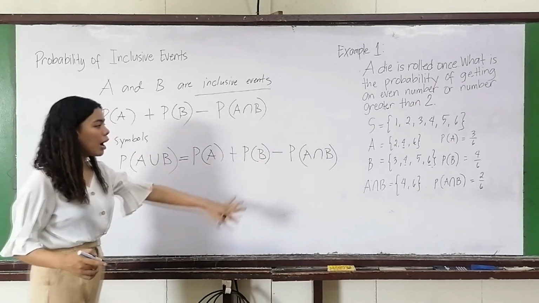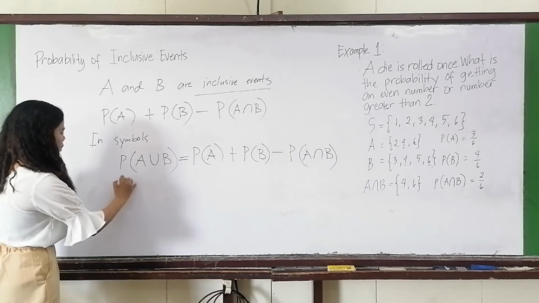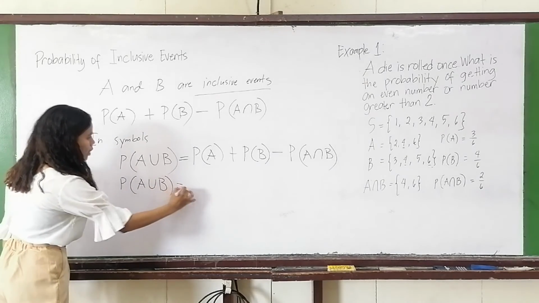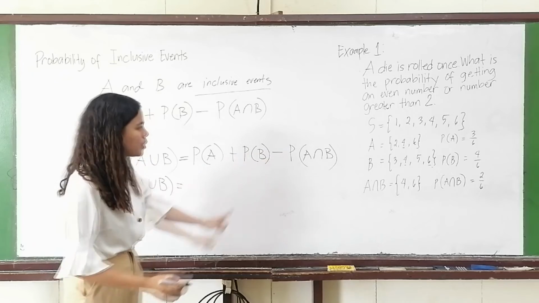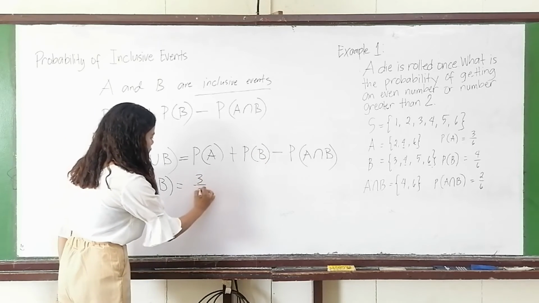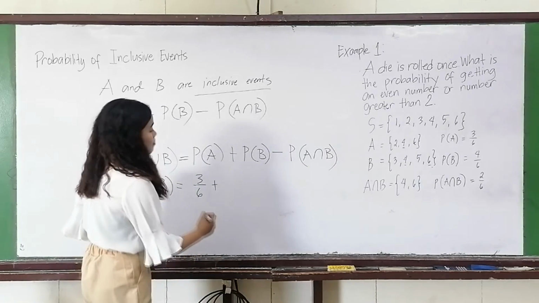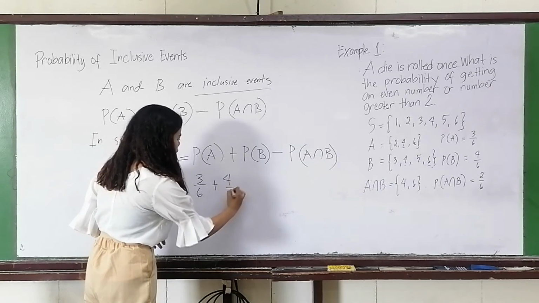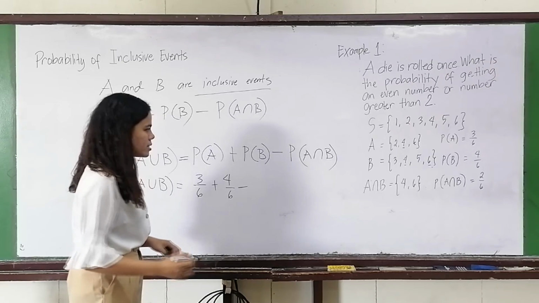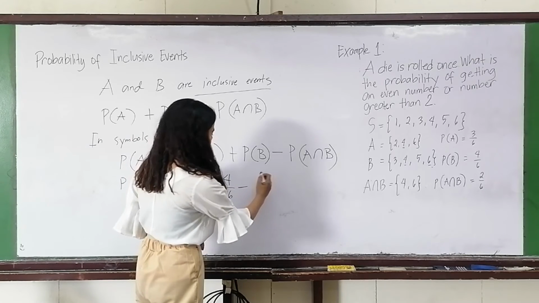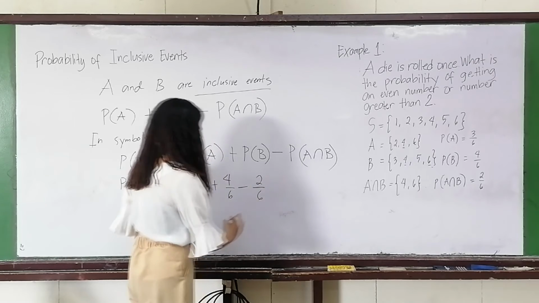We substitute our given. So we have the probability of A union B is equal to the probability of A, which is 3 over 6, plus the probability of B, which is 4 over 6, minus the probability of the intersection of A and B. So we have 2 over 6.